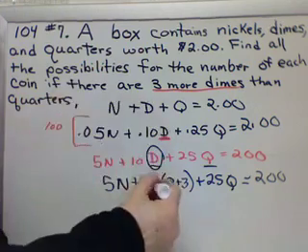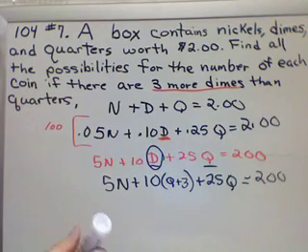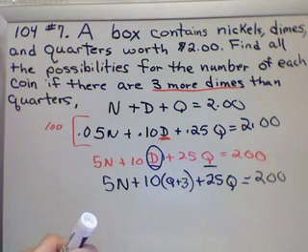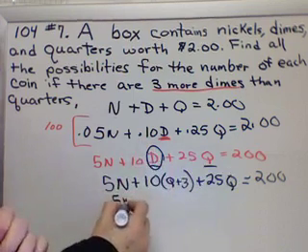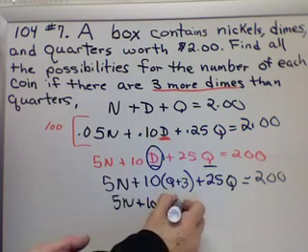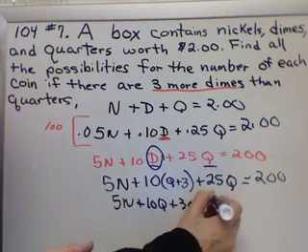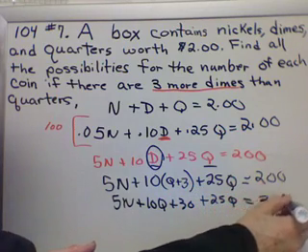So at first, I think I should multiply that 10 through and then add some like terms. What do you think? So let's do that. I get 5n plus 10q plus 30 plus 25q equals 200.